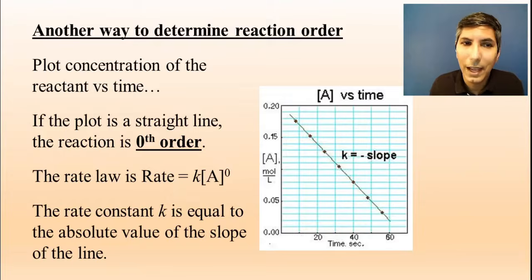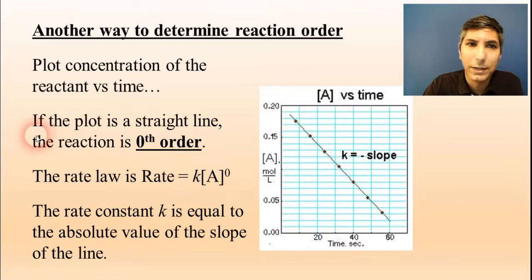Now, if that's the case, you'll find that the rate constant, K, is equal to the absolute value of the slope of that line. So in simple algebra, you probably have learned how to determine the slope of a line, rise over run. So you could just calculate that graphically and then take the absolute value of that, and that would be your rate constant.